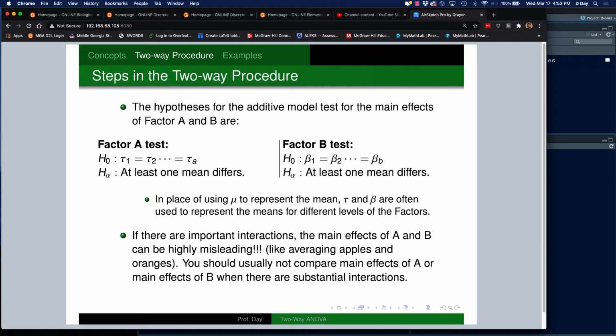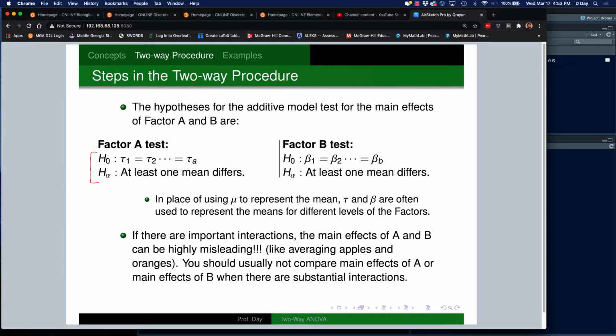And I want you to make sure you pay attention to the symbols here. I don't care if you use a capital T instead of the Greek letter tau when you write these up, or you use a B in place of these, as long as you're using some kind of symbol. But just like our one-factor ANOVA, we're still seeing if there are differences in the means.